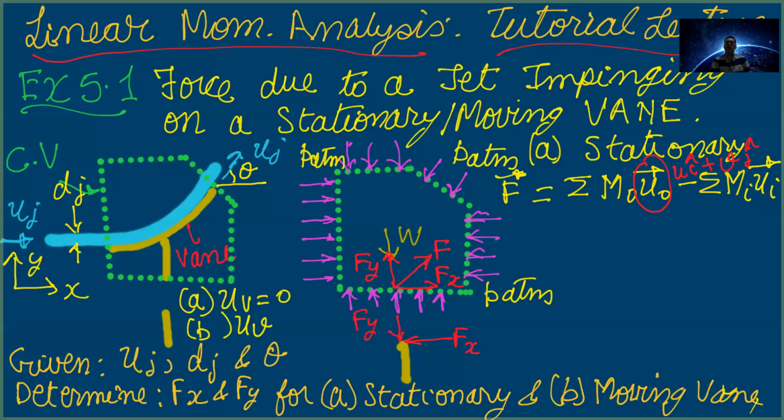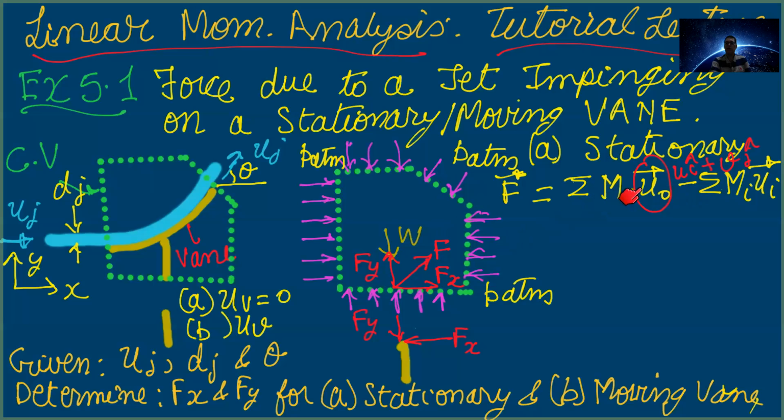This is a vector equation, so we always apply it component by component. If you want to apply it in the x direction to calculate Fx, we have to use the x component of the velocity vector, because the m shown here is the mass flow rate.